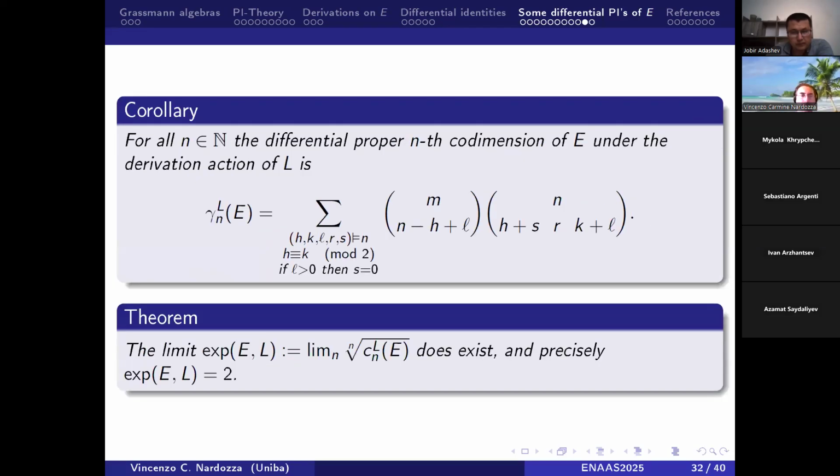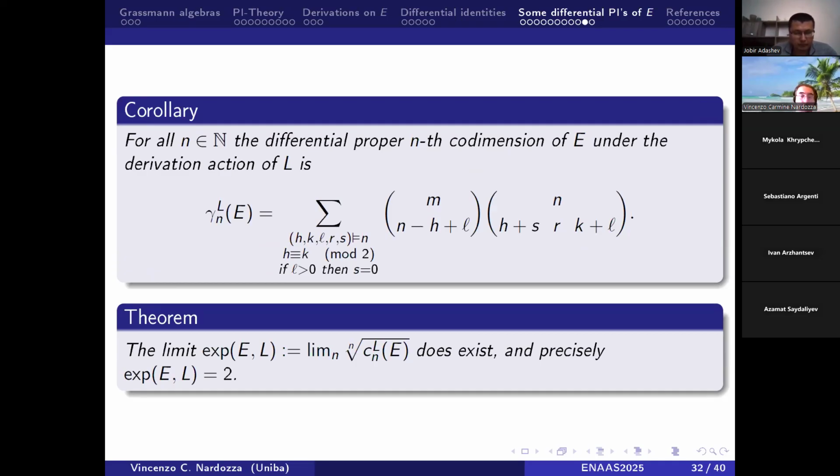By the way, by this formula we computed the proper codimension sequence, which is this sum. This is a binomial coefficient. This is a trinomial coefficient. It's a multinomial coefficient, n over h plus s, r, k plus l.